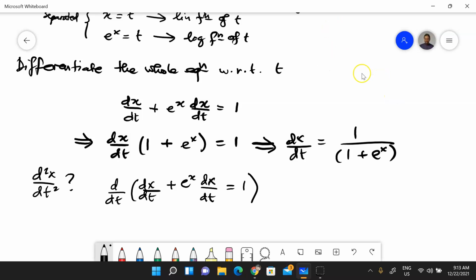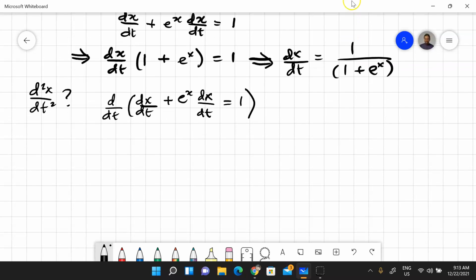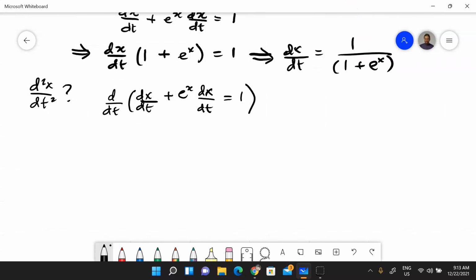So let us just differentiate it. Here you just have the second order derivative, which is the thing that we want.